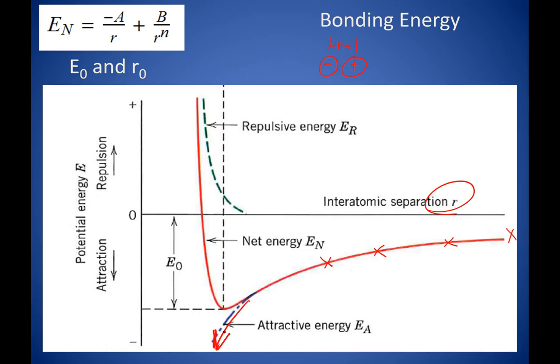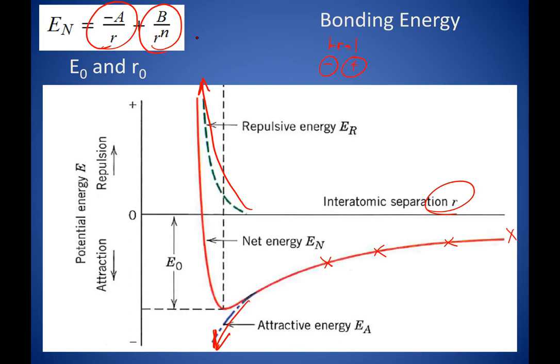But if they get too close, then they start overlapping and we get a repulsive energy. And so there really are two terms here: an attractive energy, that's this one, and a repulsive energy, which is a short-range force, but it increases very fast with this power n, and n might be, for example, 9 in your homework problem. And what we can do is we can add these two terms.